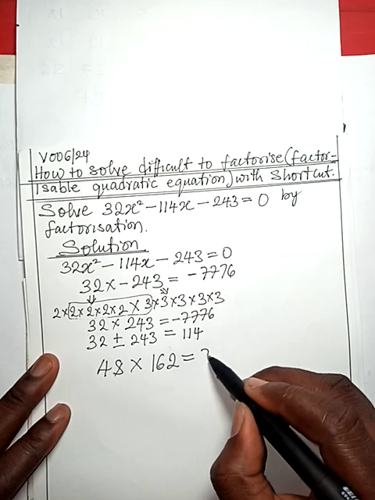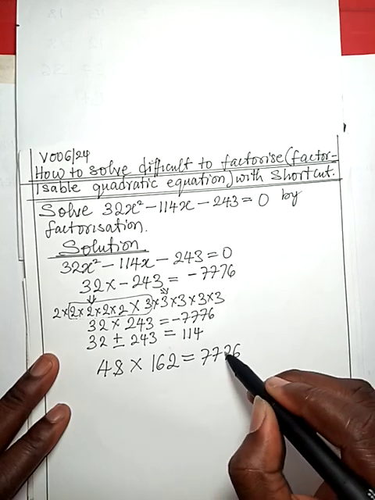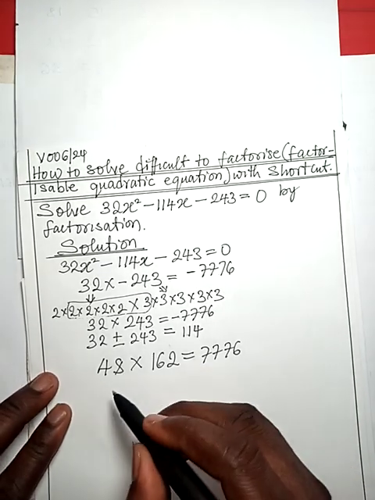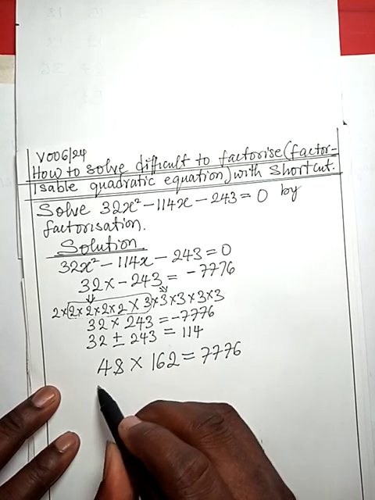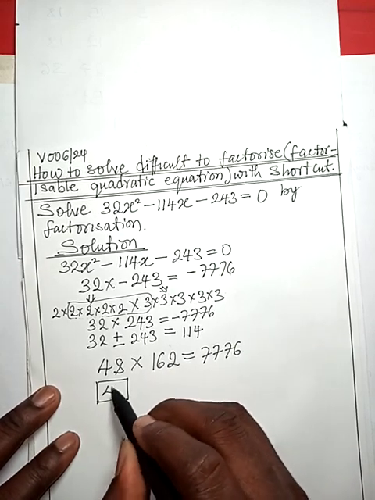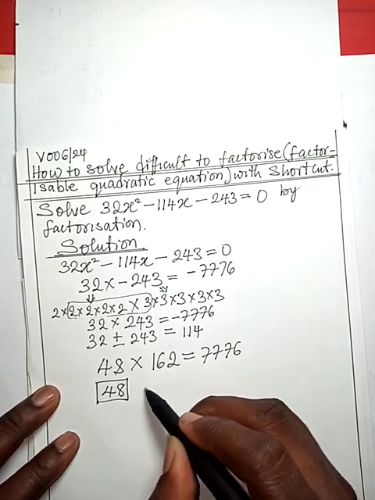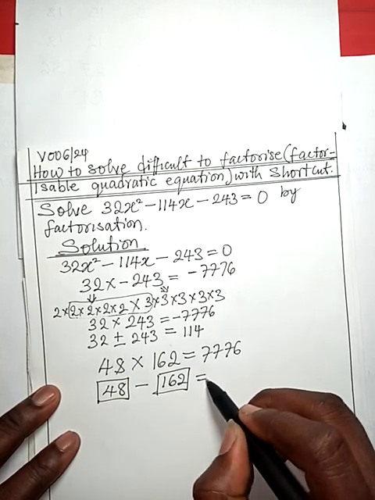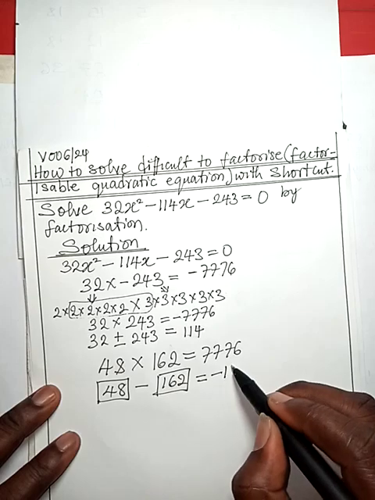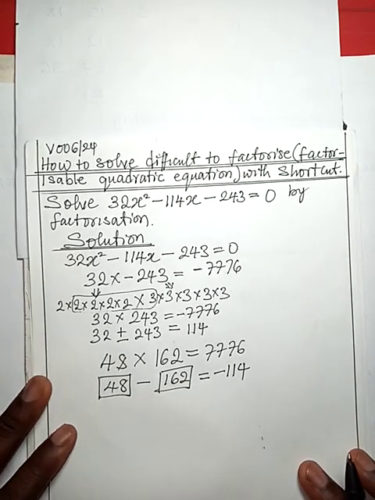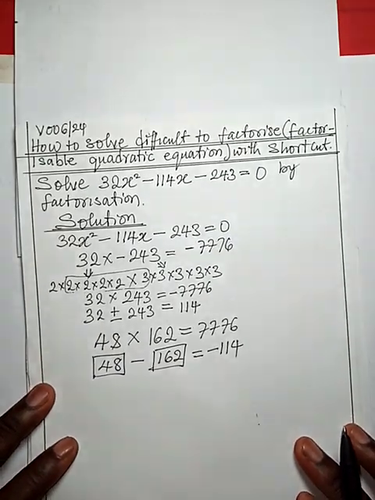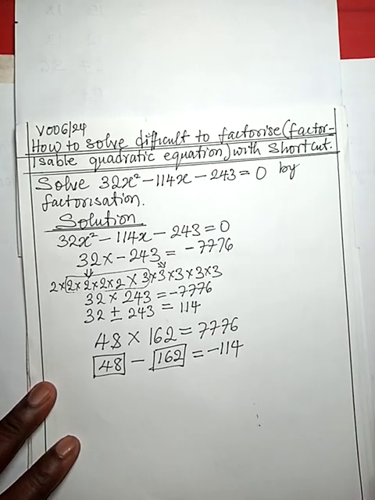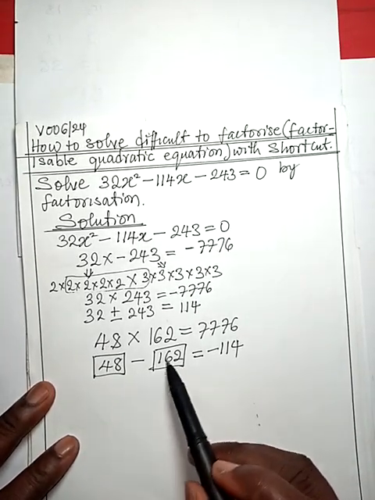Of course, it will give me 7776. Now, also observe that when I add or subtract these, 48 minus 162 will also give me negative 114. Alright, having gotten my negative 114, these are the two factors I need.